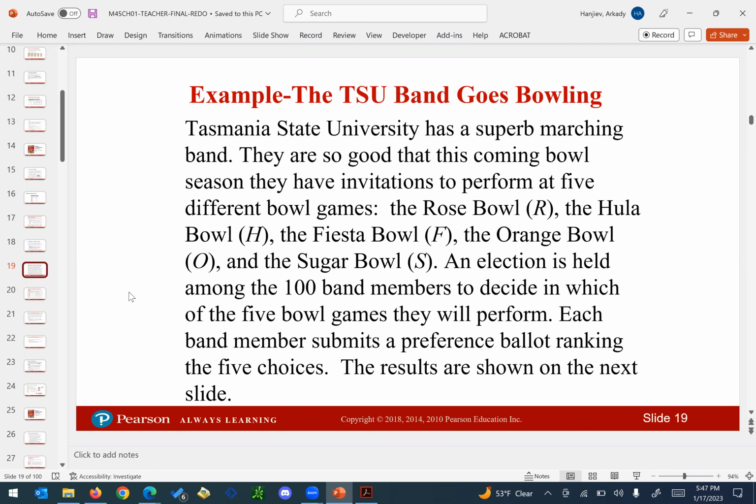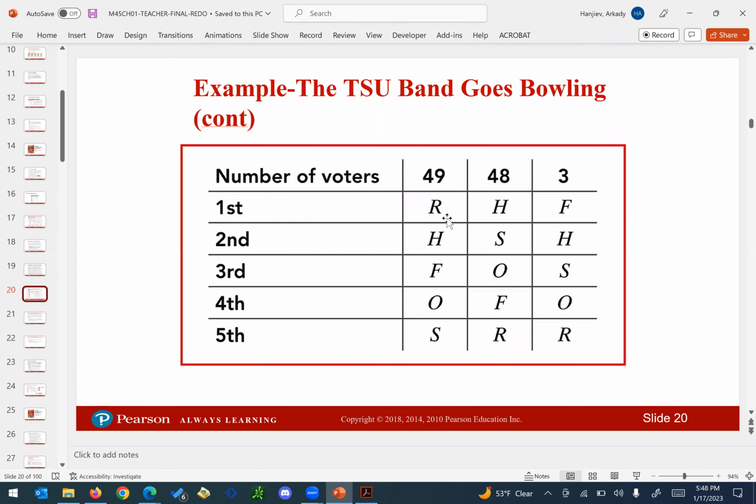So the ballots were cast, and here it is. We're summarizing the data now, and here's what the data said. So first place votes, there it is. Rose Bowl, 49. The Hula Bowl was 48, and the Fiesta Bowl was 3. So who wins according to this method? It's going to be the Rose Bowl.